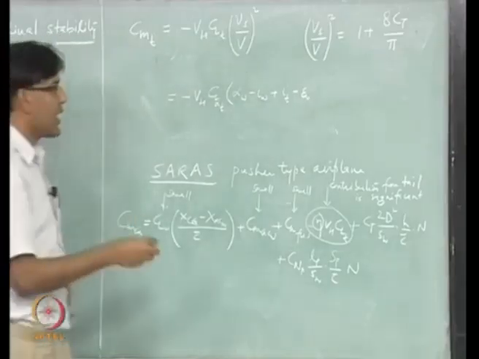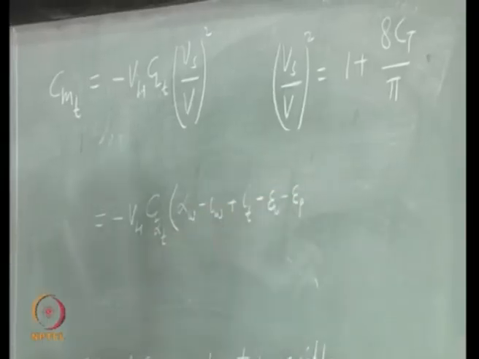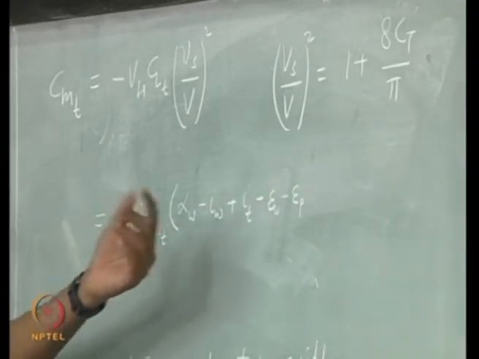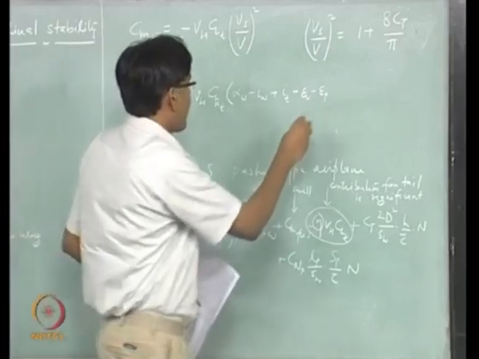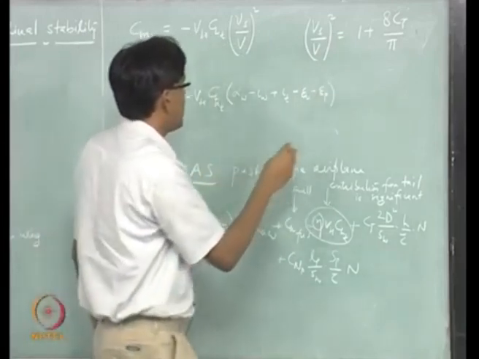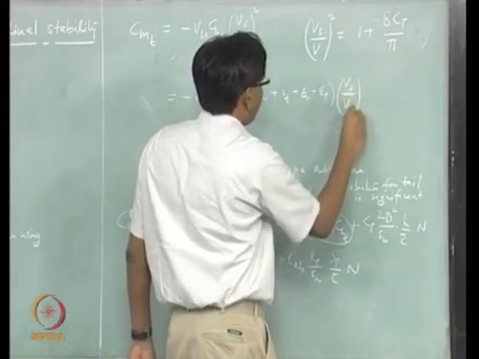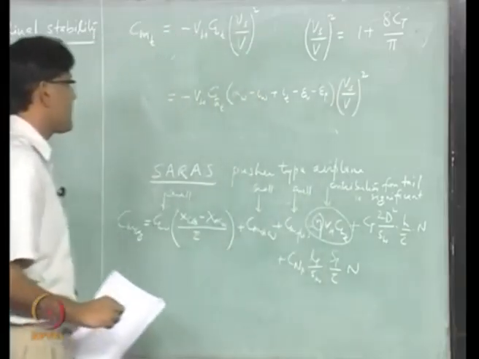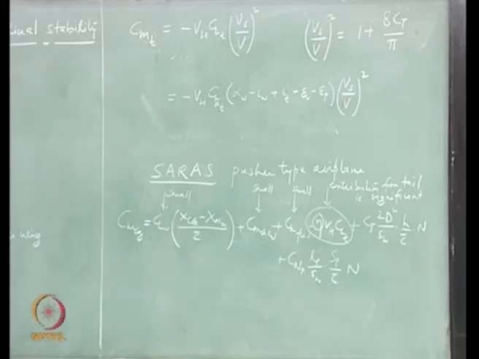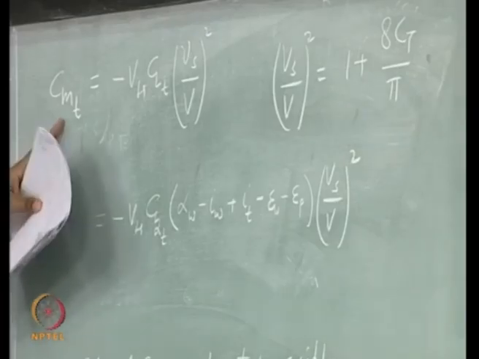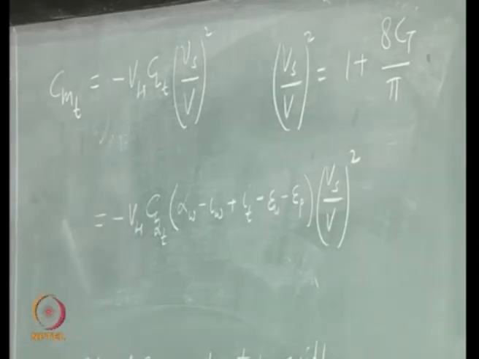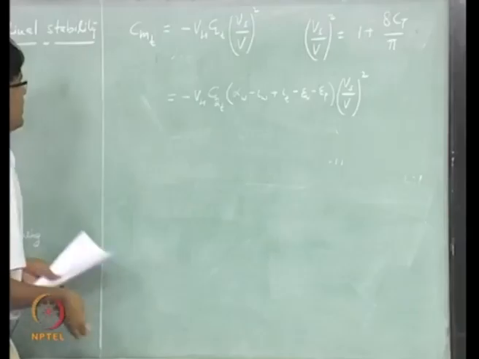There will be another contribution to this downwash angle from the propeller slipstream. Now, if I want to take the derivative of this with respect to the Cl, that is what we are looking at, that will tell you about the stability.